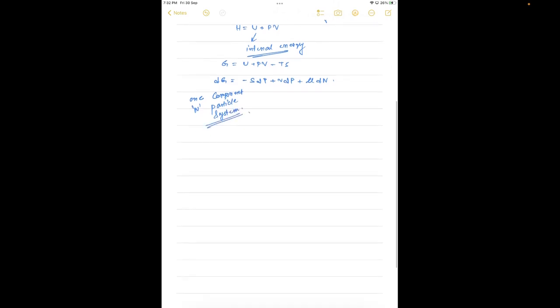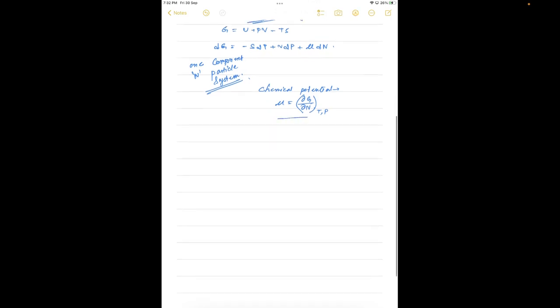Now we know the chemical potential is denoted by mu, which gives free energy per particle. So that means del G del N at constant temperature and pressure. So this is the expression of chemical potential.